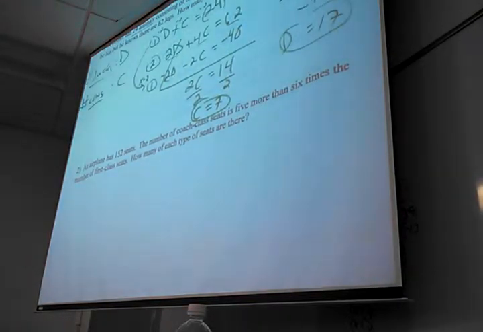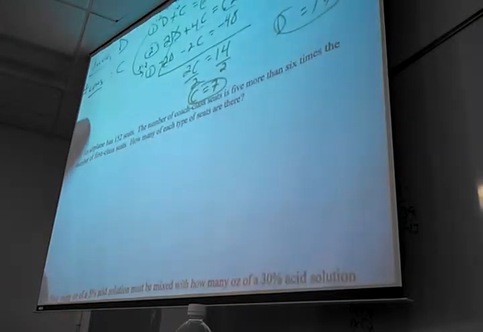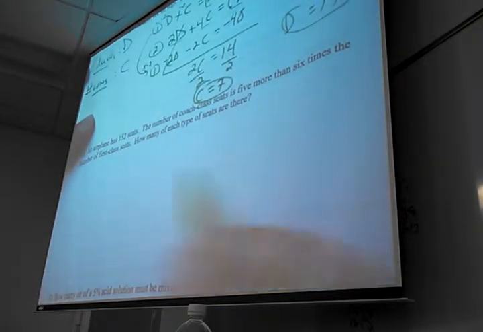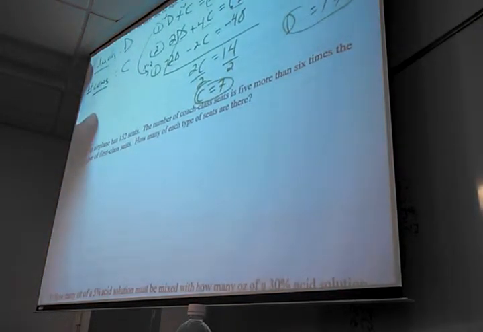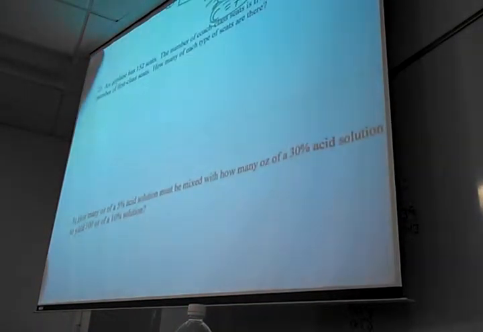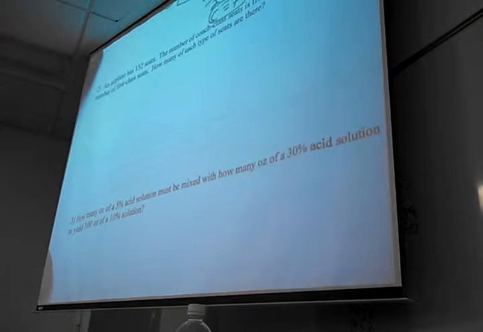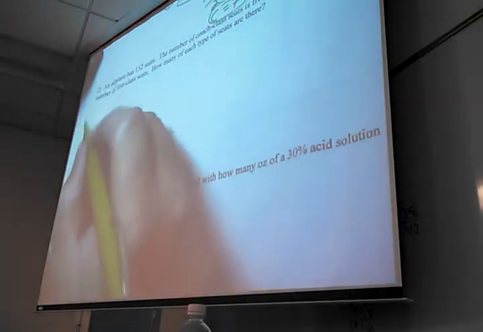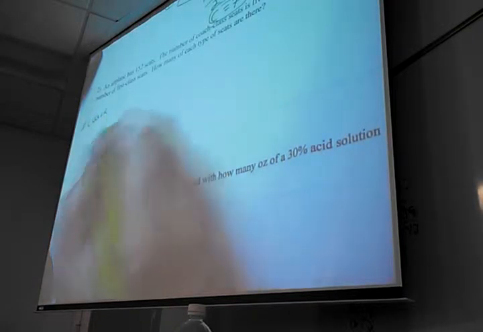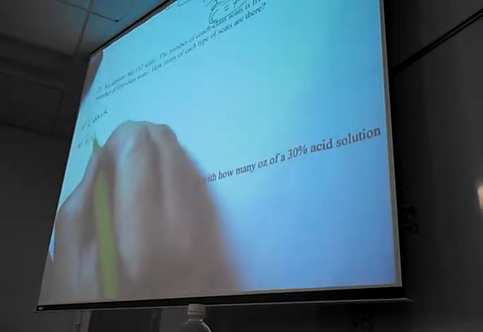But what about number 2 here? The very first thing you look for, before you do any mathematics, is what are the players involved. So what's involved here? Okay, we got an airplane. Good. We got the number of coach seats and the number of first class seats.